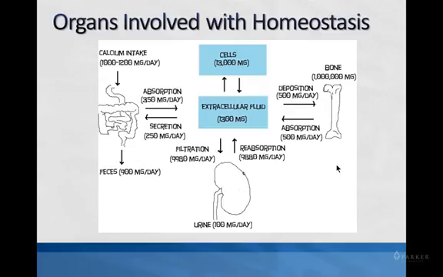But if we need to, we will start to break down the skeleton to increase the calcium to try to prevent hypocalcemia. So the skeleton is a very important reservoir for calcium. Something to keep in mind is that the maintenance of calcium in extracellular fluid takes precedence over strength of the skeleton. That is more important than maintaining the structure of bone.